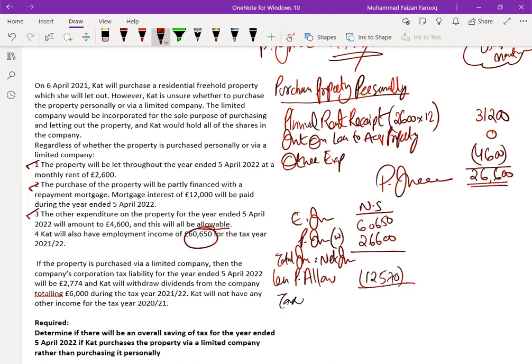Total net income is 87,250, and the taxable income is 74,680. Can you check again, please? Okay, correct. There is no gift aid, nothing like that.